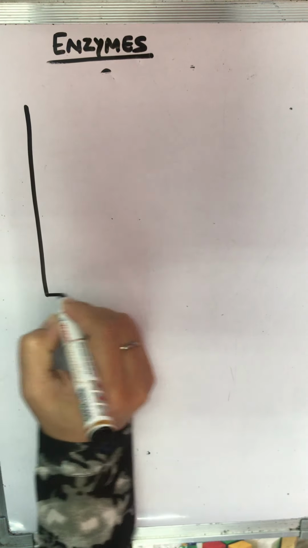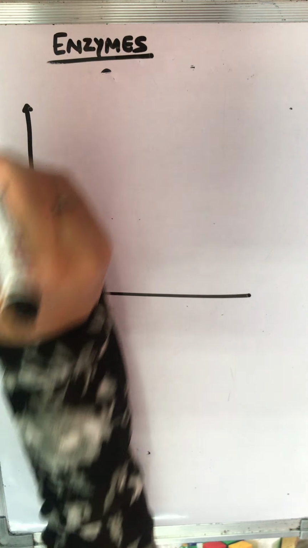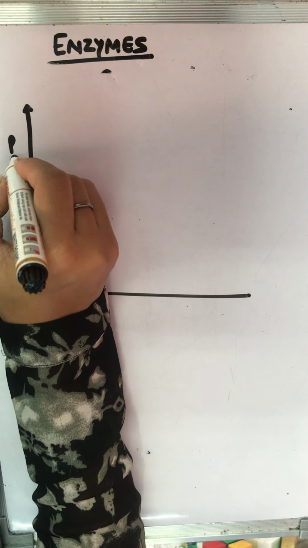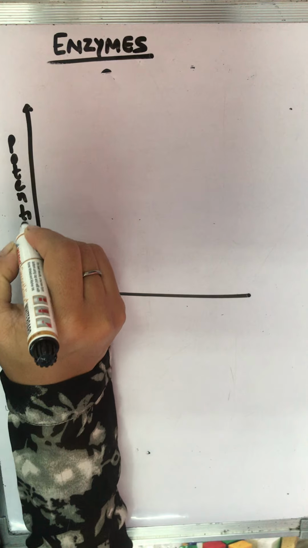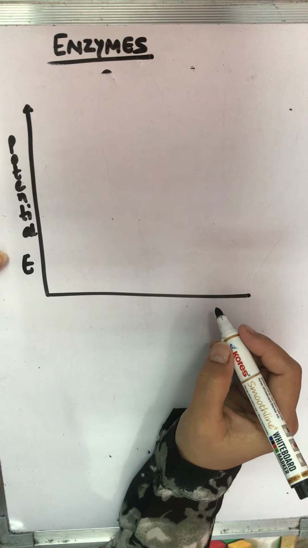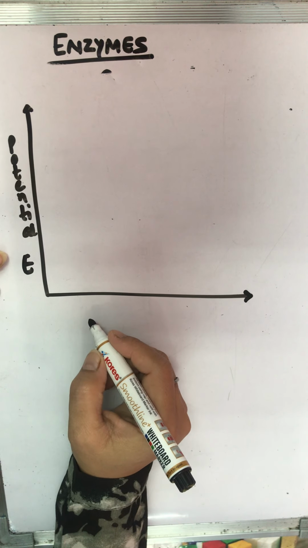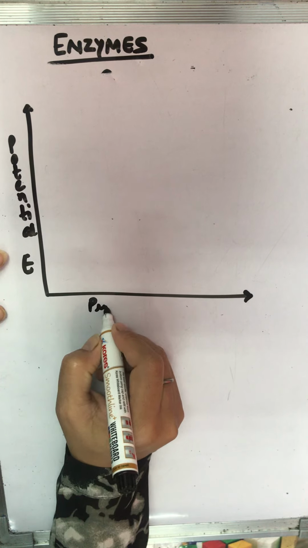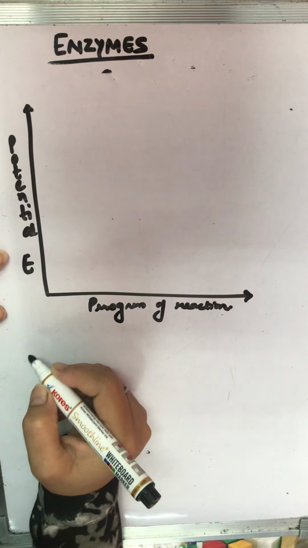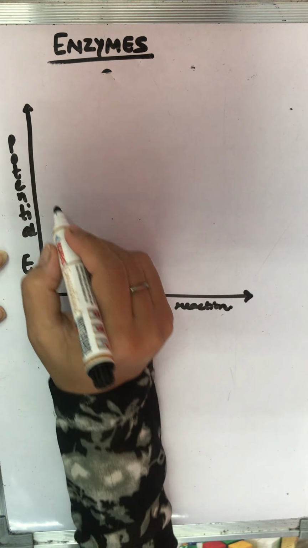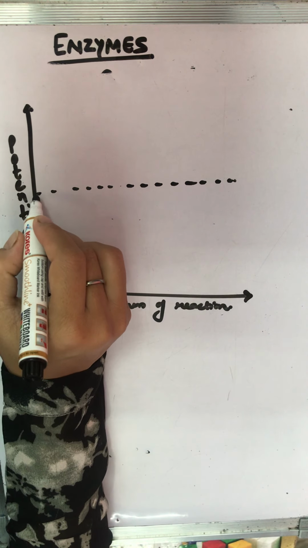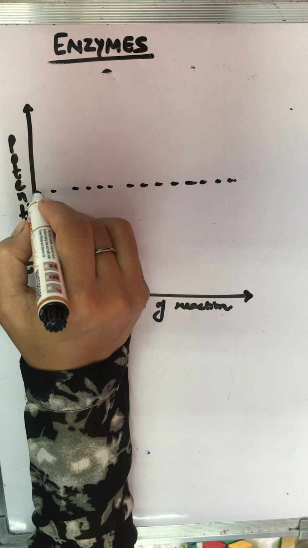See, in this graphical representation, the y-axis represents the potential energy. And the x-axis tells us the progress of the structural transformation, that means progress of reaction. What happens here now is, we are talking about when the substrate starts the formation into a product.